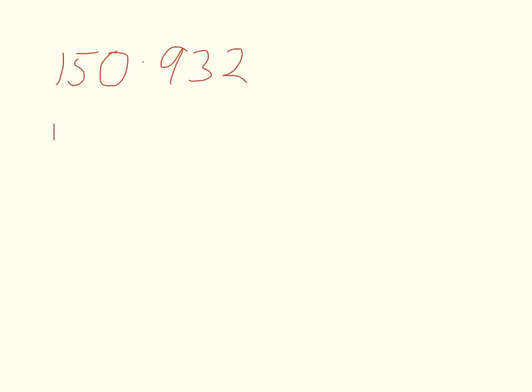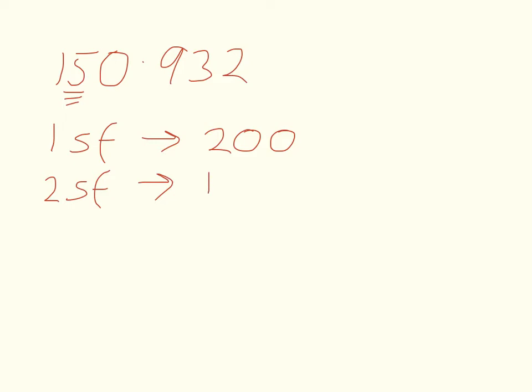To one significant figure, which hundreds is it closest to? 100, 200, 300, it's closest to 200. Two significant figures, that's the tens column in this case. Is it closest to 130, 140, 150, 160? Of course, it's closest to 150.